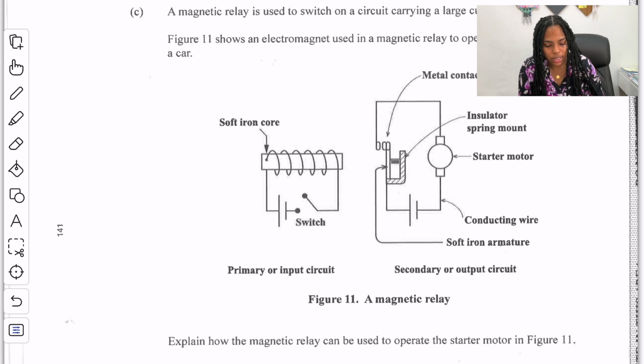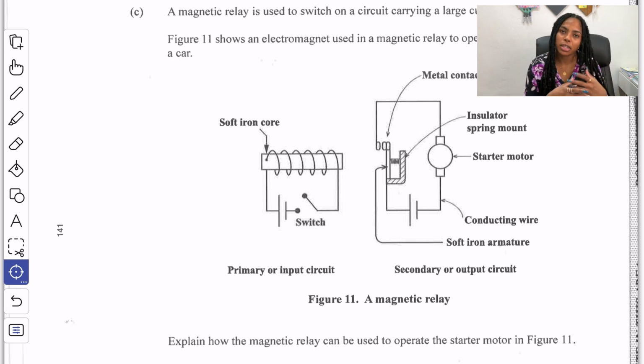So what's going to happen is that when this switch is closed, current is going to flow through here, and we have a soft iron core, meaning there's a magnetic field formed as current is flowing through the solenoid, and because it's wrapped around the soft iron core, the magnetic field becomes stronger.